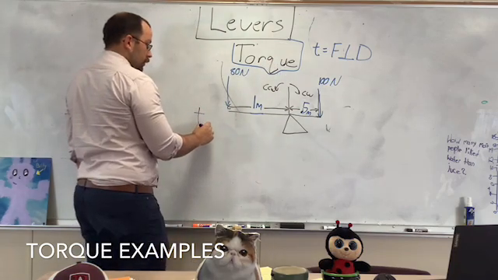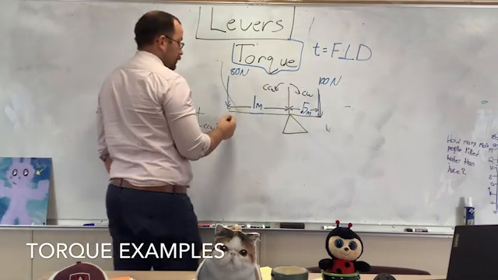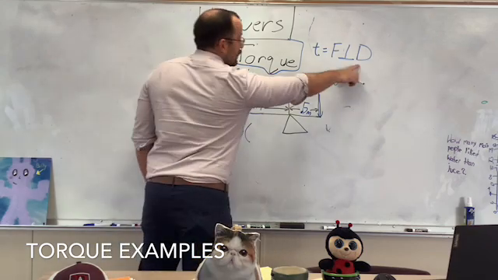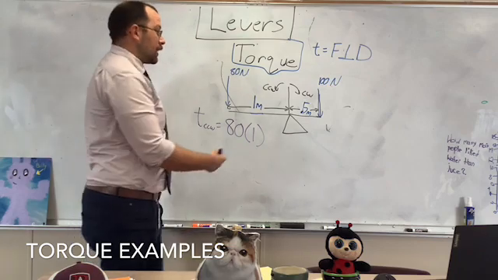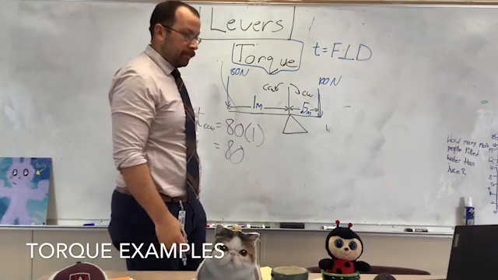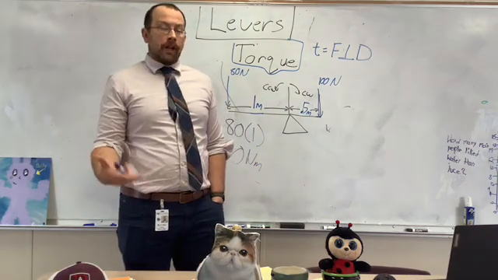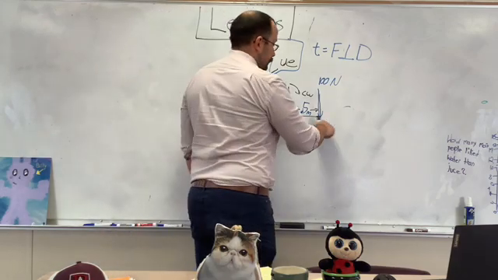So what's my torque for my counterclockwise? That's my force, which is 80, times my distance, which is just 1. So the amount of torque I'm putting on the counterclockwise side is just 80 newton meters.